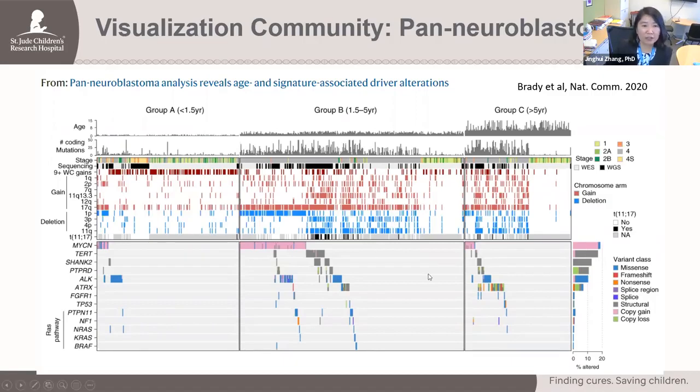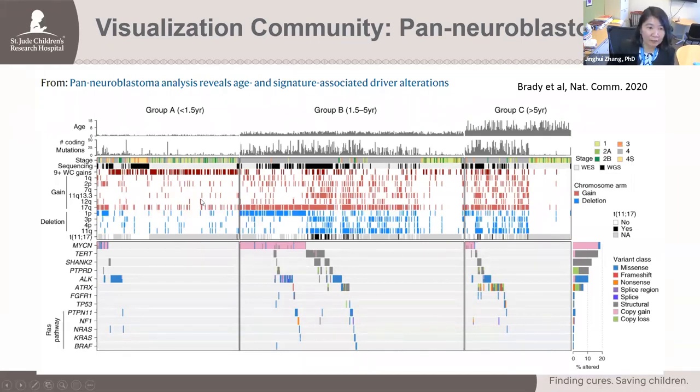So this is a screenshot of the pan-neuroblastoma study that we published recently in Nature Communications, which involved analyzing neuroblastoma samples using data generated from 3 different institutes.